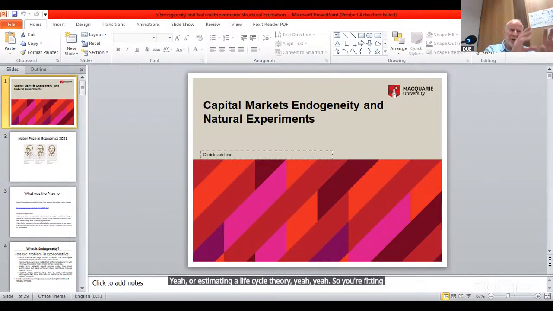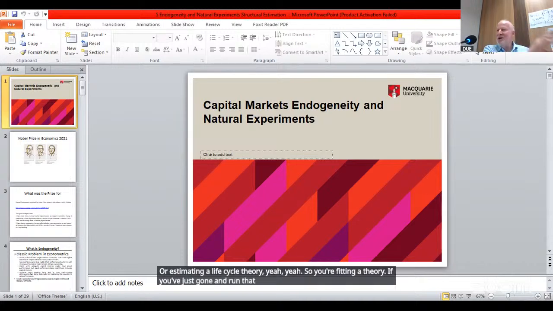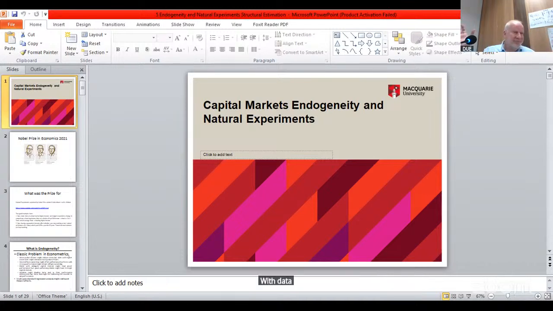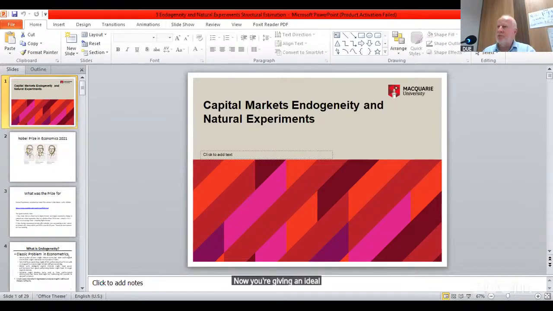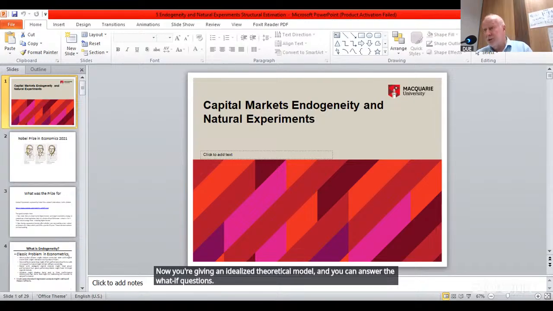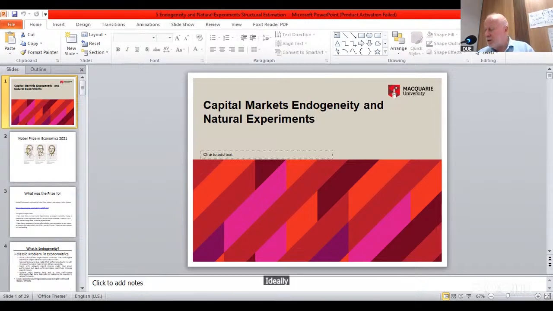If you had just gone and run that theory with data, you'd probably reject the theory. But since you've already shown causation, now you're giving an idealized theoretical model and you can answer the what-if questions. You can now see ideally how the outcome varies with the parameters of the model.